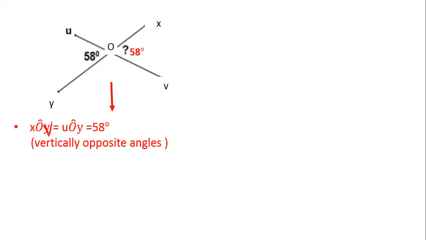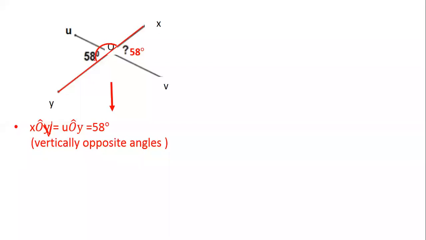Then I want to find the measure of UOX. Look at the figure. If you notice here, I have a straight angle. Why? It is formed by these two adjacent supplementary angles. What is the measure of supplementary angles forming a straight angle?